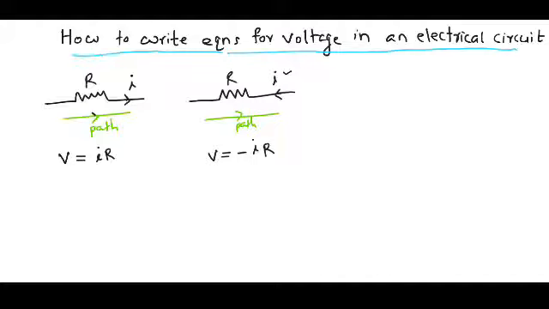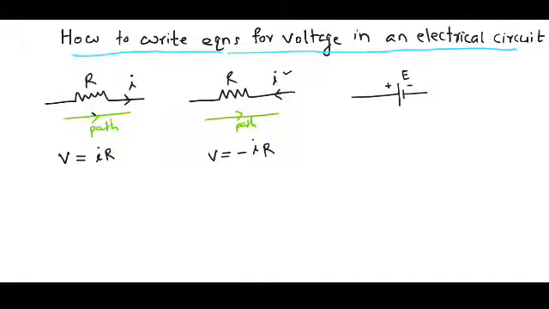Now, in the electric circuit, another component is the voltage source, which we represent as E. This is a battery cell, a voltage source. This is the positive terminal and this is the negative terminal.